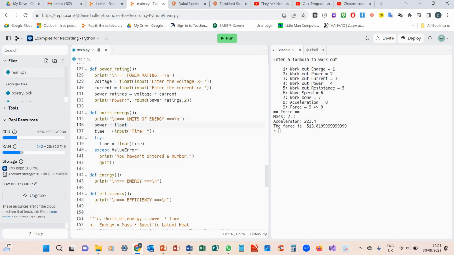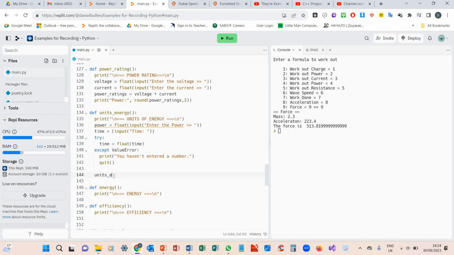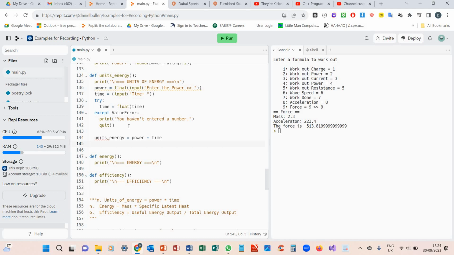So what I'm gonna do is float input, enter the power. Then what we're gonna do here, we're gonna do units energy, power times the time. So that should work out okay.